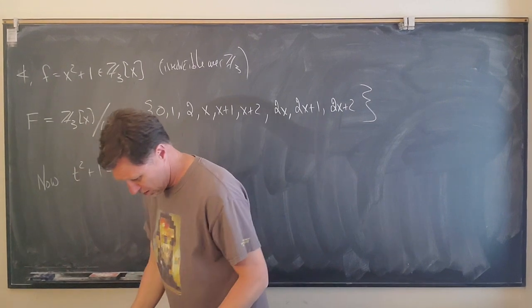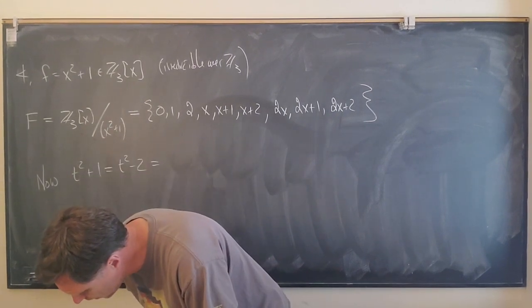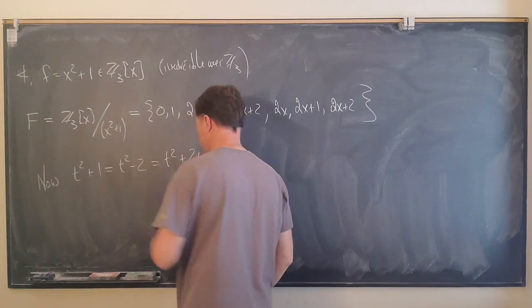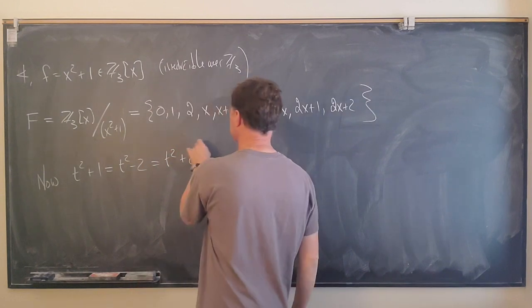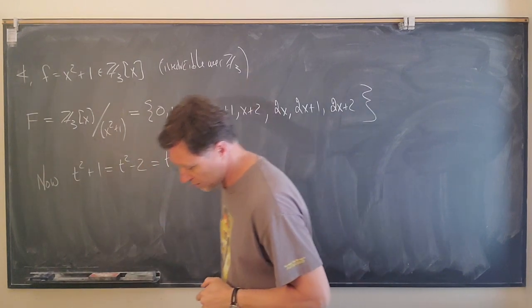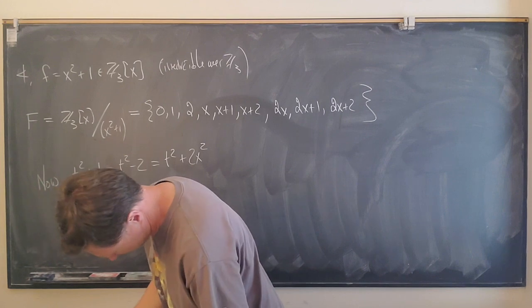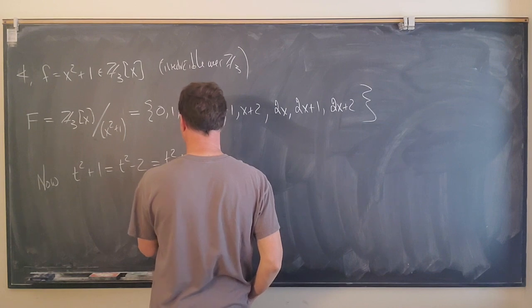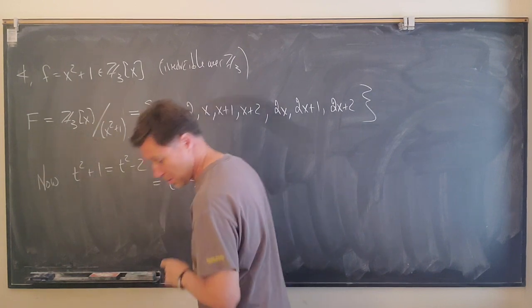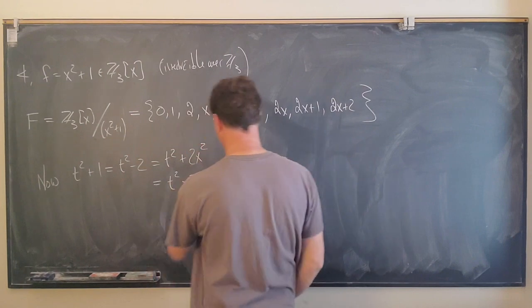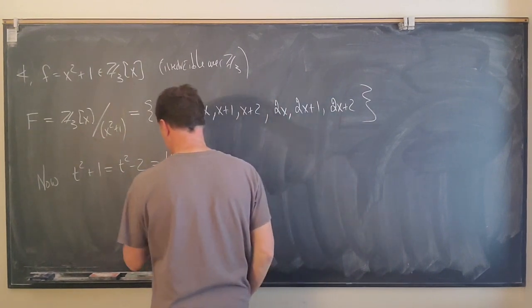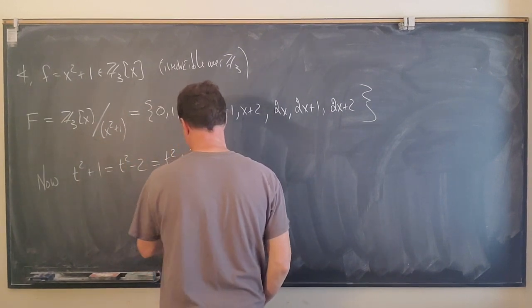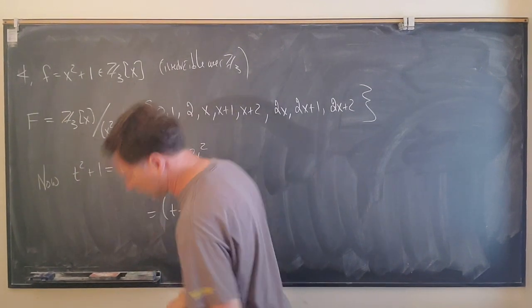Sorry, my eyes, I can't see now. This is the process that I went through to figure out how to factor this. It's equal to t squared minus 3x plus 2x squared, which is equal to, and now we can see the factorization, t minus x times t minus 2x.